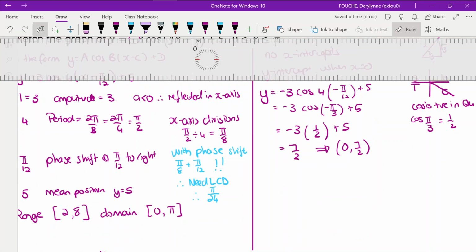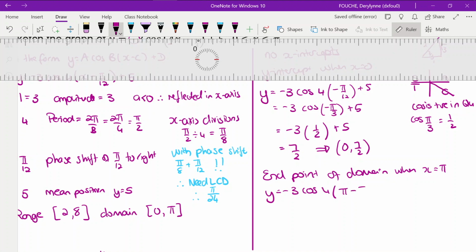I also need to know what's happening at the endpoint of my domain, and that's going to be when x equals pi. So I'll have y equals negative 3 cos of 4 times pi minus pi on 12, plus 5.